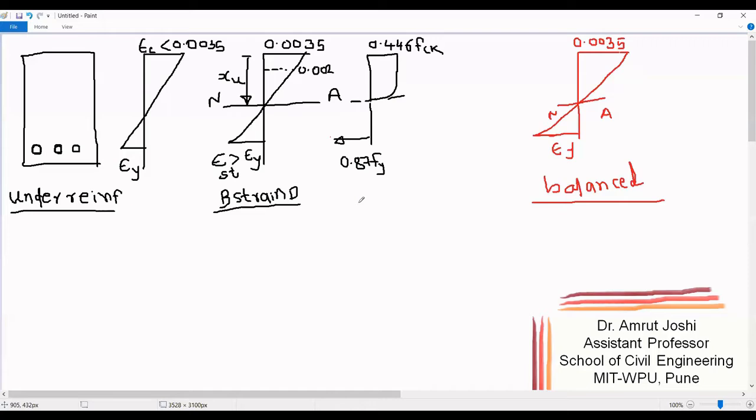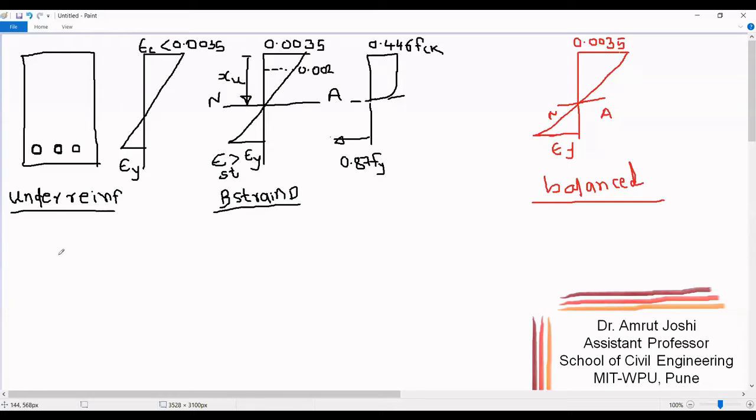So if you remember, this bending stress distribution diagram is no different than the bending stress distribution diagram drawn for the balanced section. Therefore, the expressions for moment of resistance, tensile force and compressive force are not going to change for the under reinforced section. Only we will replace XUB by XU.